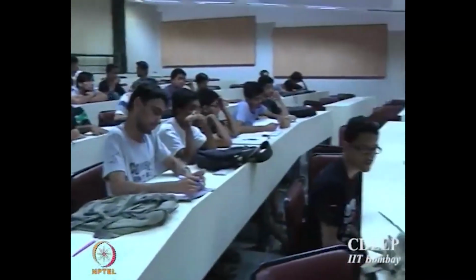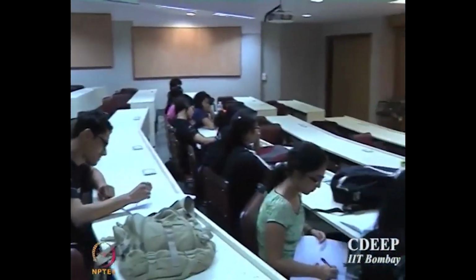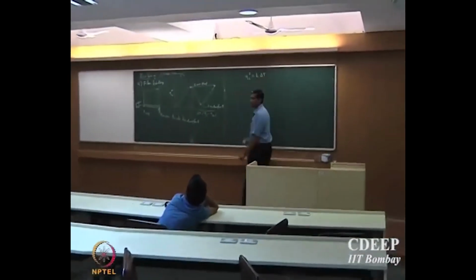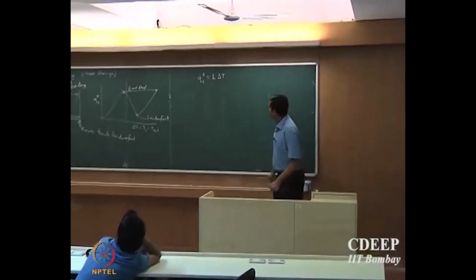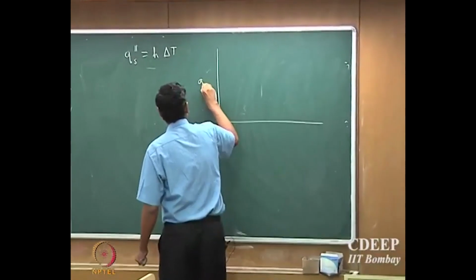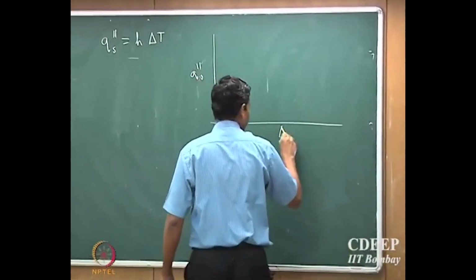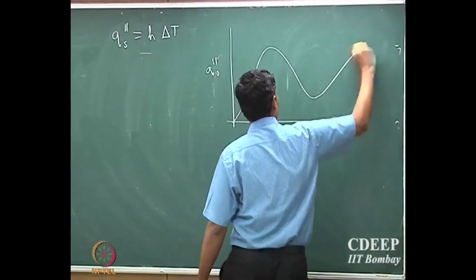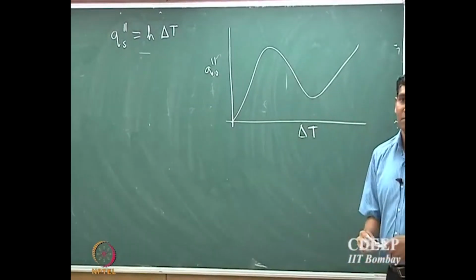So the flux of heat transport, okay, that should be the heat transport coefficient multiplied by delta T, right. So now if I draw the flux versus delta T, I basically have this behavior, right.